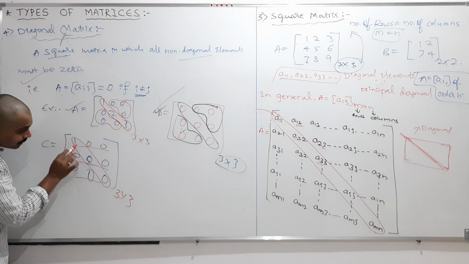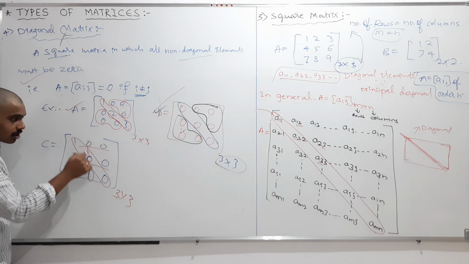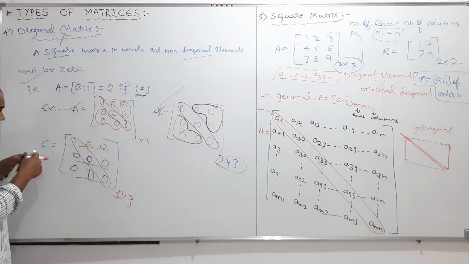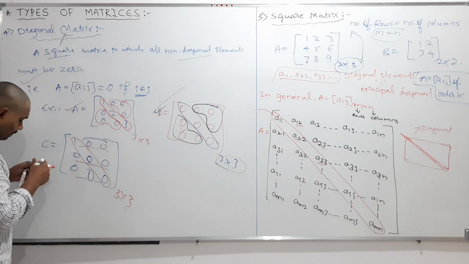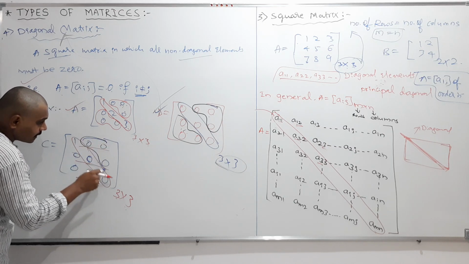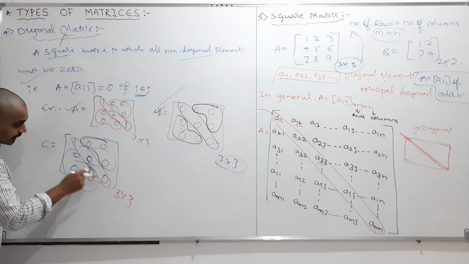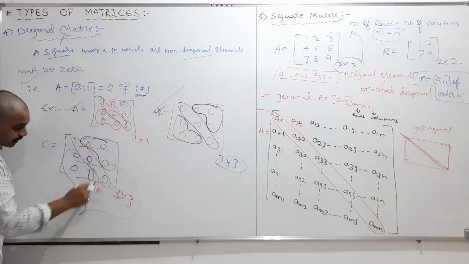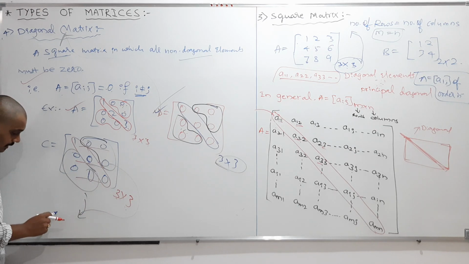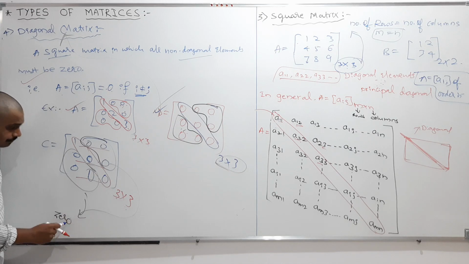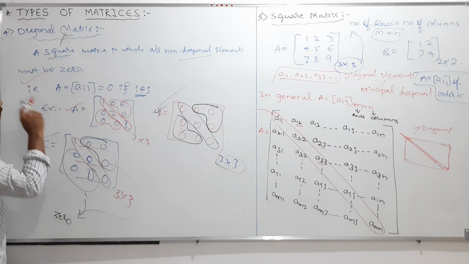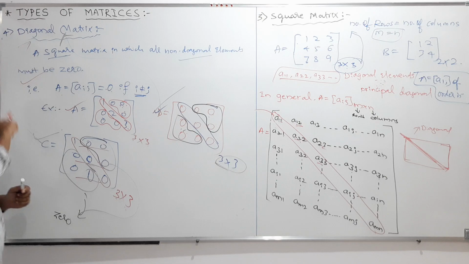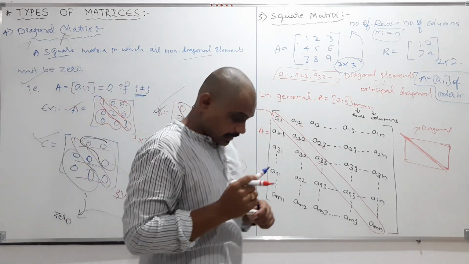These are the diagonal elements, and the non-diagonal elements means these. My dear students, please remember, these are the non-diagonal elements. Yes, the non-diagonal elements are 0, and this is a square matrix.